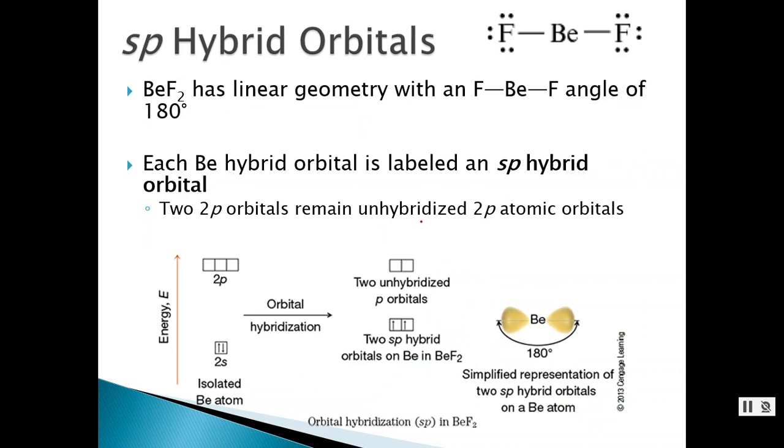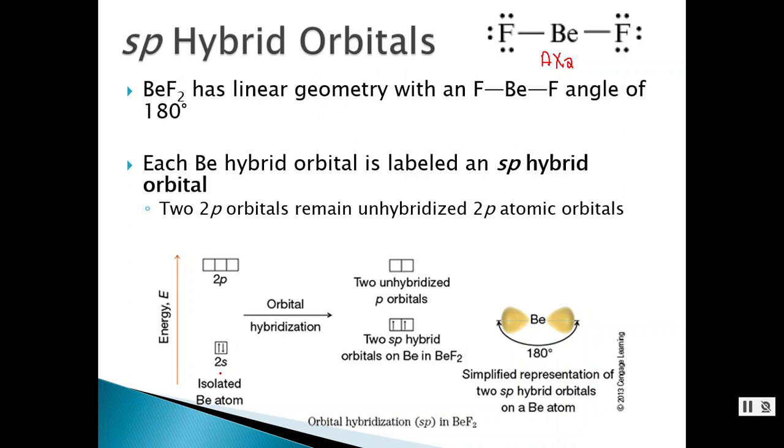And we can use a similar thought process with sp hybrid orbitals. So here, if I was to give you the Lewis dot structure for BeF2, you would easily see, oh, this is an AX2 VSEPR notation that has a linear geometry.